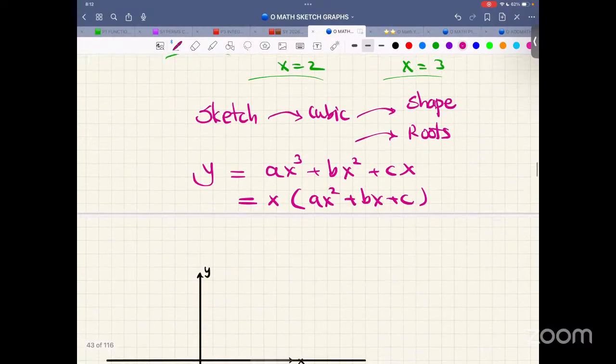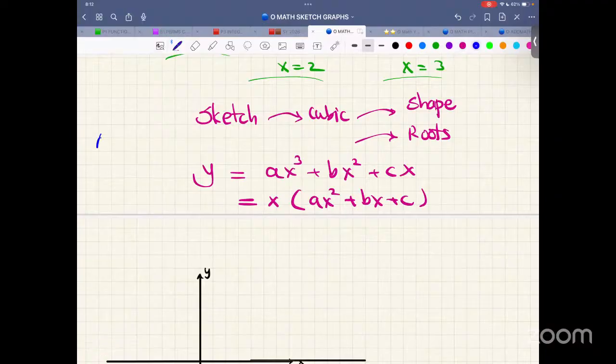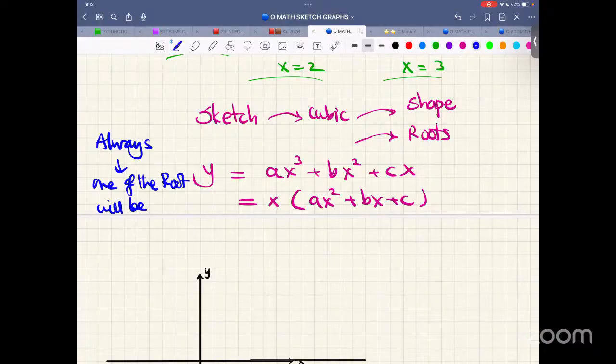So when this is the scenario, one of the roots in such a situation will always be 0. And the other two roots are hidden on the inside.